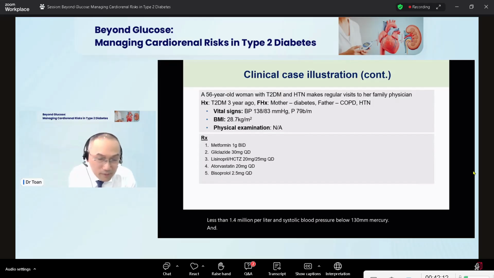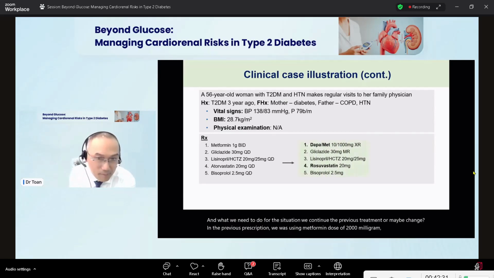And what we need to do for the situation, we continue the previous treatment or maybe change. In the previous prescription, we were using metformin at a dose of 2000 milligram. So in this case, we see the patient has albuminuria, and so we have to change a little bit.